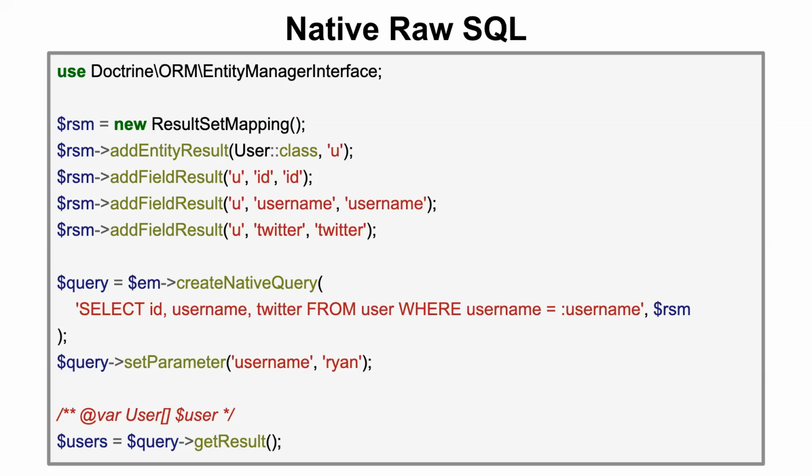Internally, Doctrine actually just uses the result set mapping. We're just internally populating that result set mapping automatically with all of the information that we know about the objects involved in the DQL query. So under the hood, it's doing the exact same thing. You're just doing it manually here instead of relying on the automatic features that the ORM provides.